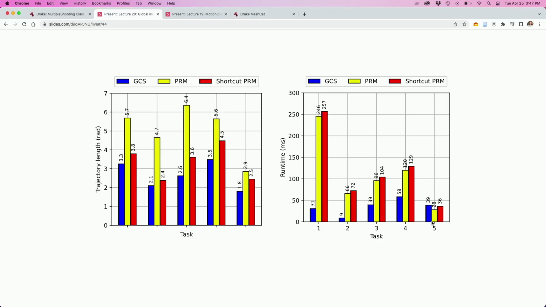Some people have worked more than I have on PRM optimization, but our optimization is fairly optimized, and it's a lot better. And these are milliseconds, right? So it's pretty fast.